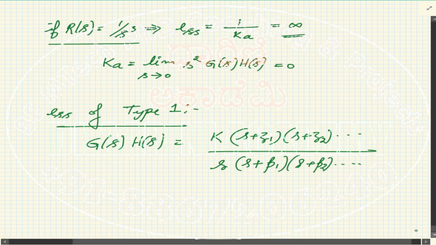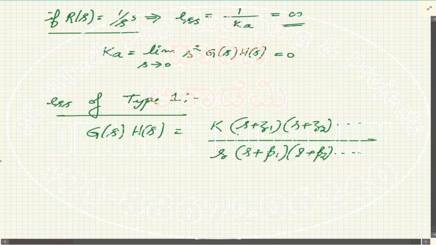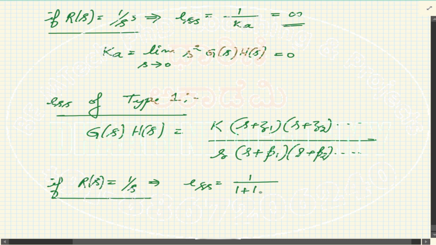So now let us calculate for different inputs like we did earlier. For this system, if I put R of s equal to 1 by s, then what happens to the ESS? ESS is equal to 1 by 1 plus Kp. So what is Kp? Kp is equal to the limit s tending to 0 of G of s into H of s.